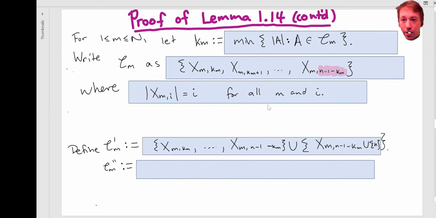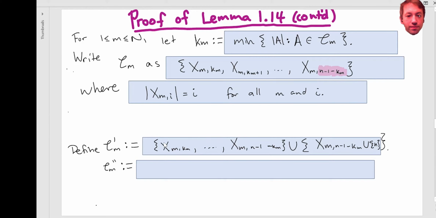Understanding this really requires remembering the definition of symmetric chains. By the fact that C_m is a symmetric chain, I can write it in the form: a set of size k_m, which is the smallest size, a set of size k_m plus 1, k_m plus 2, all the way up to n minus 1 minus k_m. That's all this notation is.